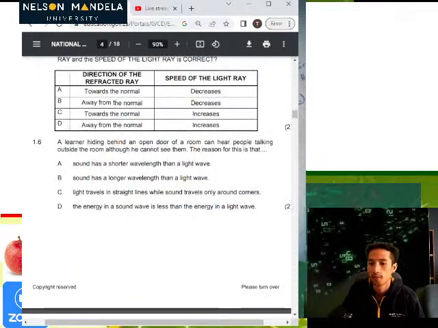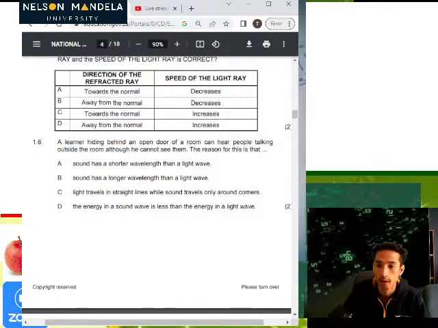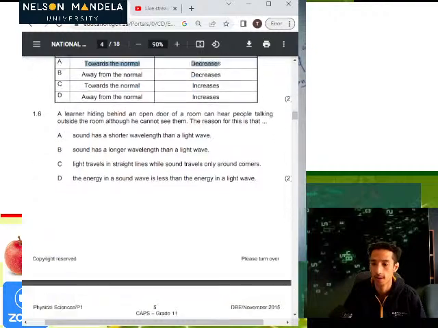So for the direction of the refracted ray, since it's moving toward the normal, that limits our options to only two. And then we also know that speed decreases, and so the correct solution for question 1.5 is A.